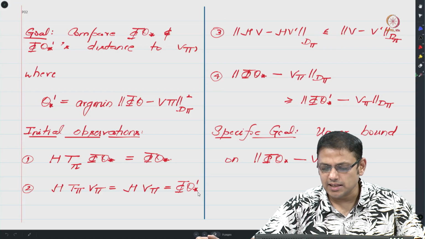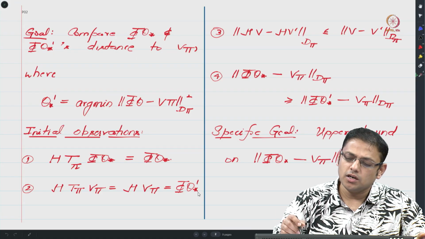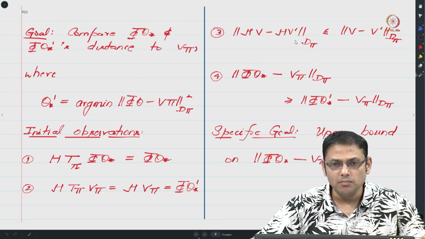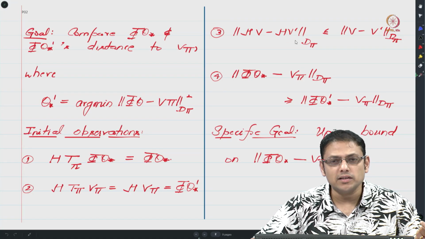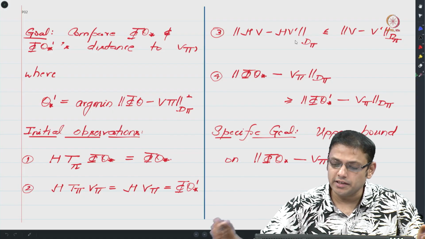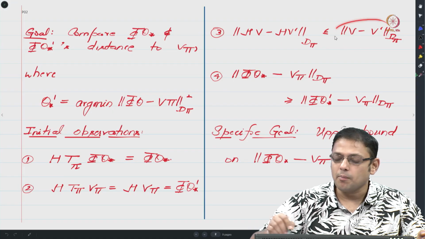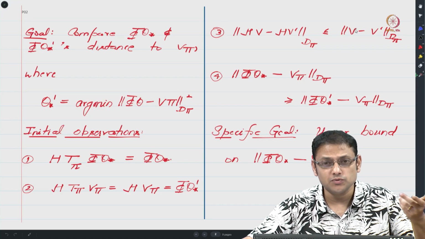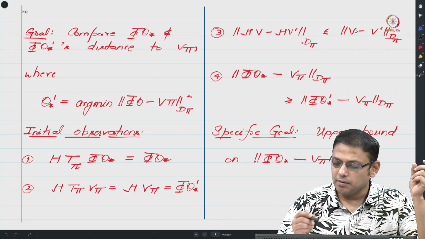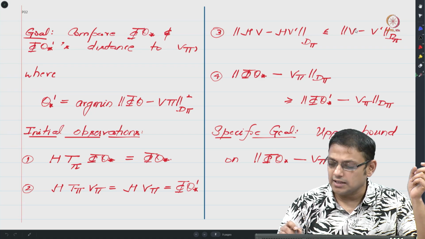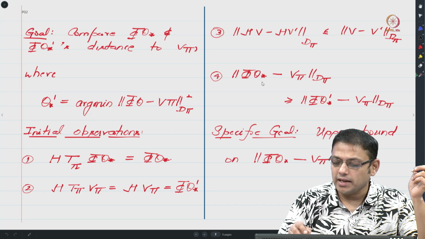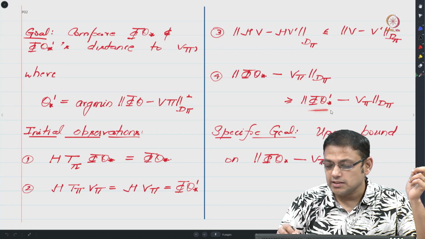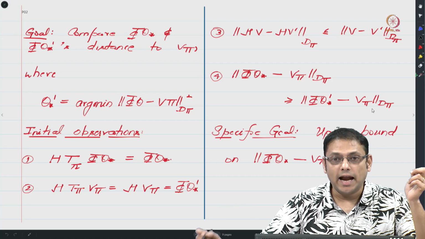And in the last lecture we had also seen that if you take any arbitrary vectors v and v prime, look at their projections and look at the distance between the projected quantities, then this distance is upper bounded by the distance between the unprojected quantities, which is v and v prime. And separately we had also seen in the previous class that the distance between phi theta star and v pi will be lower bounded by the distance between phi theta star prime and v pi.